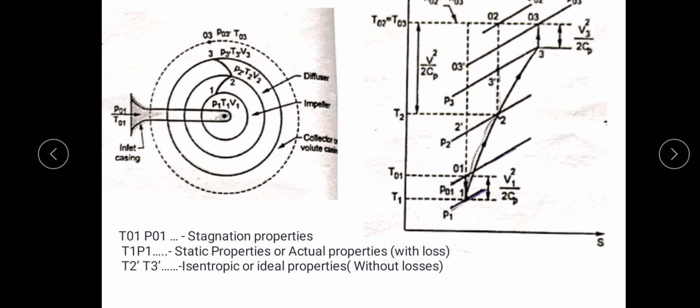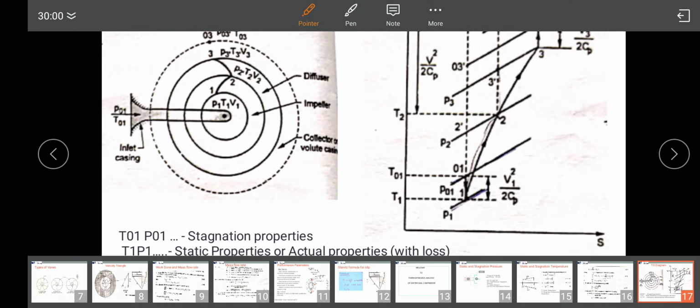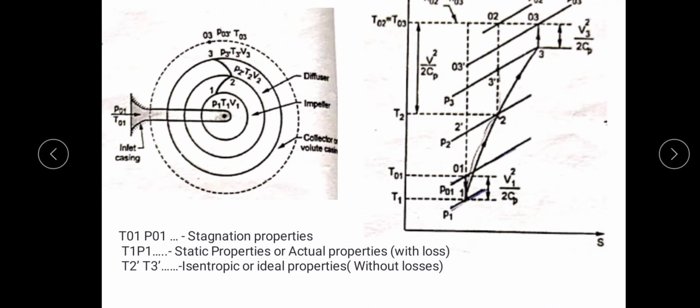P01 is the atmospheric pressure and P1 is the inlet pressure to the impeller. But the atmospheric pressure is shown above the P1 pressure line, meaning P1 is less than P01, the atmospheric pressure. Why is this so? Because the process 01 to 1 shows the suction of the air.